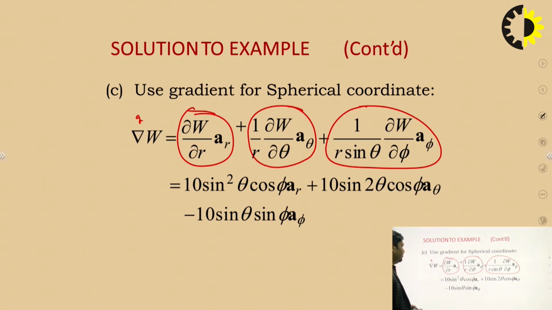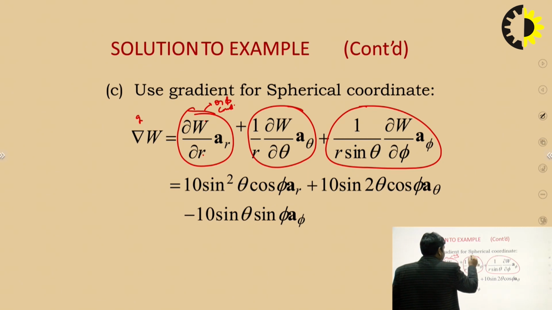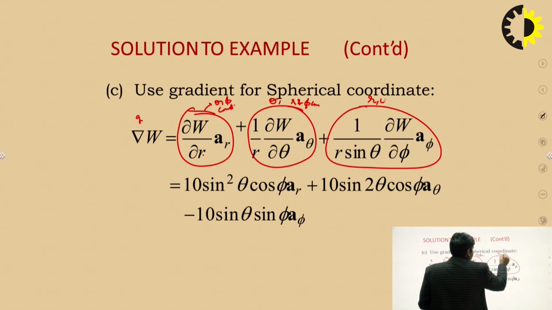So we calculate with respect to r, where theta and phi are constant and r is the variable. In this case, theta is the variable and r and phi are constant. In this case, r and theta are constant and phi is the variable.